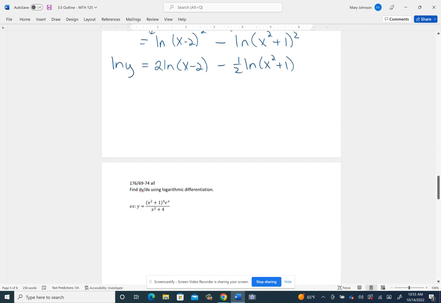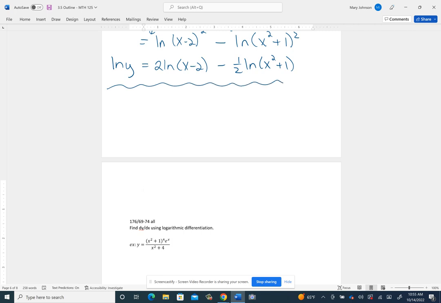All right, now when I get to there, I'm going to probably need a little more paper. Okay, what I want to do is go ahead and do the derivative. So I'm going to use a wavy line here to indicate to you that below this line is when I'm starting to do the derivatives.